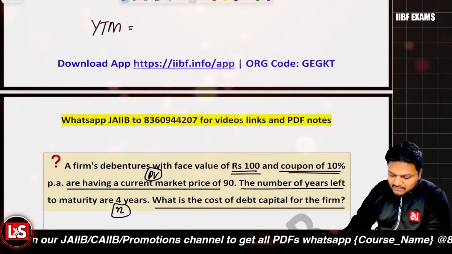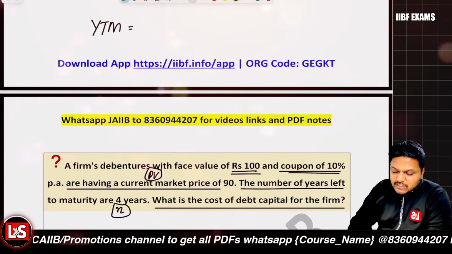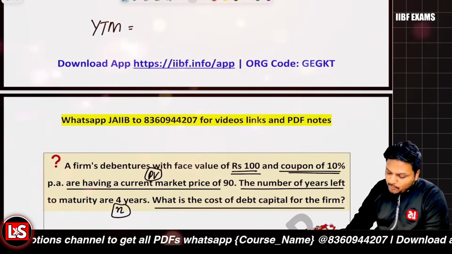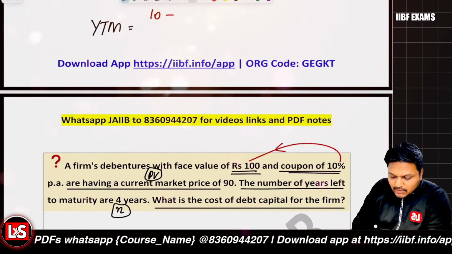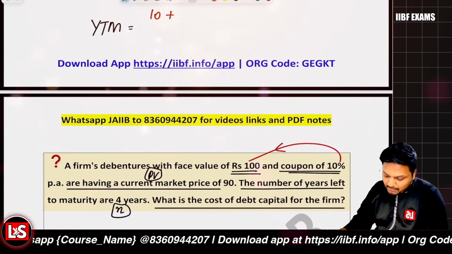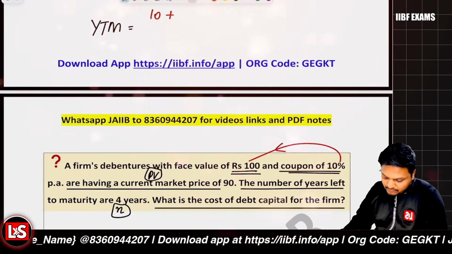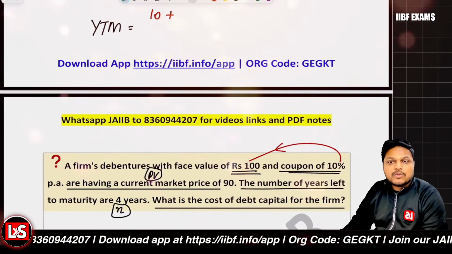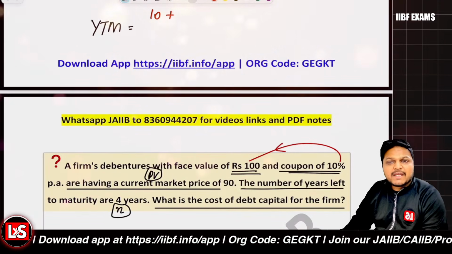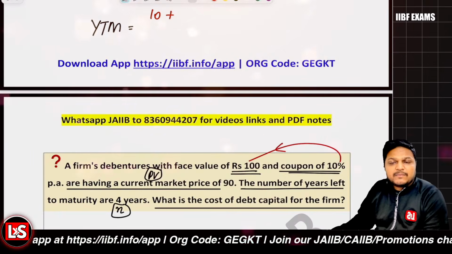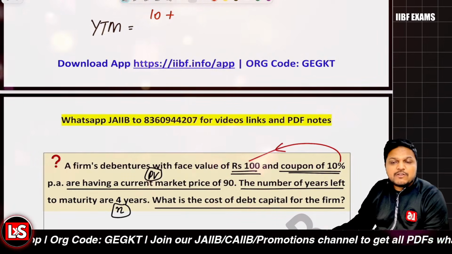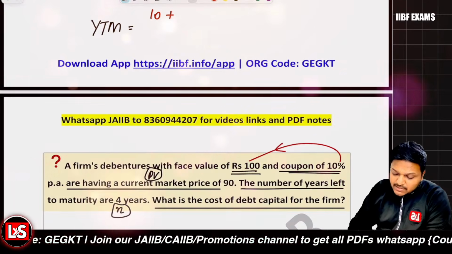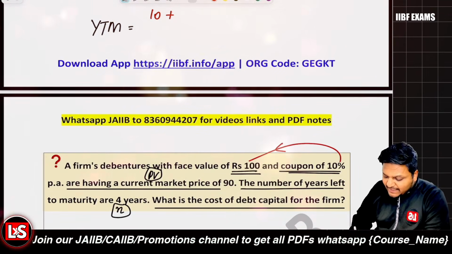The formula was just mentioned above. First it was the coupon. Now the coupon is 10% on rupees 100 face value, that is 10 over here, plus the maturity value. Maturity value means the value that we'll be getting at the end of the maturity.